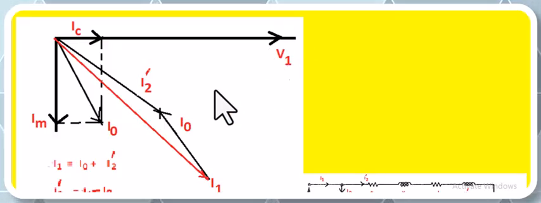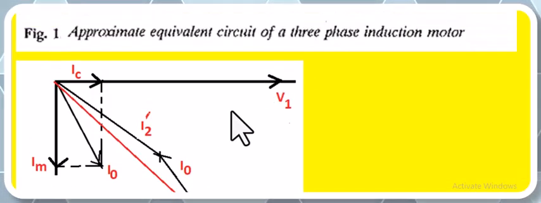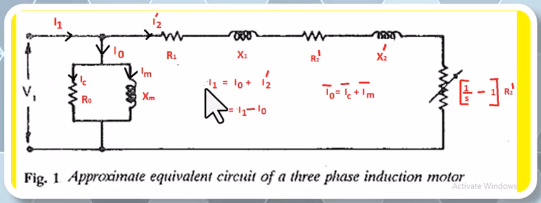Let me summarize once again. To draw the vector diagram, we need the approximate equivalent circuit of the three-phase induction motor like this. Here the applied voltage per phase to the stator is V1 and the input current is I1, and these are the no load current components, one is RC, the other is XM.